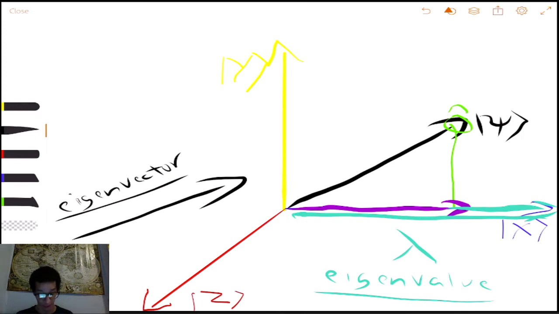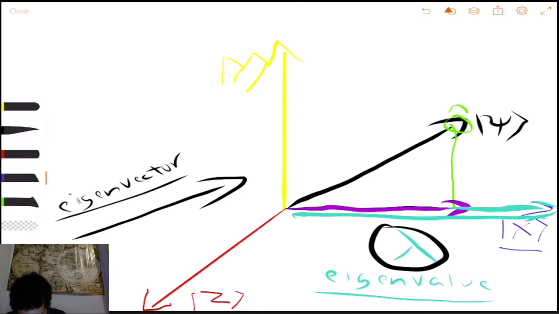And interestingly enough, the eigenvalue corresponds to the quantity that you measure when you make the measurement. So this lambda is the quantity associated with position. And the position that we've observed was this one right here, because our operator projected it onto our blue basis vector.